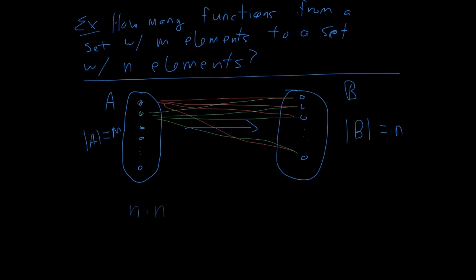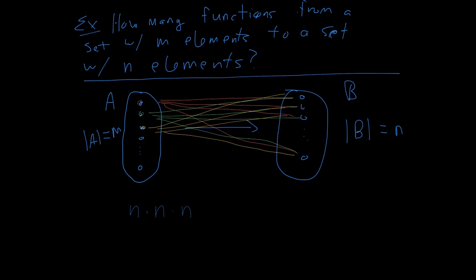Maybe you've noticed the pattern here. Let's do it one more time though. This third element can get sent to the first guy, the second guy, the third guy, down to the nth guy. So there are n different choices for that one. And that's going to be true for all of the m elements that are in A.